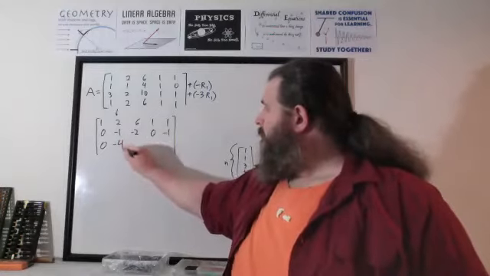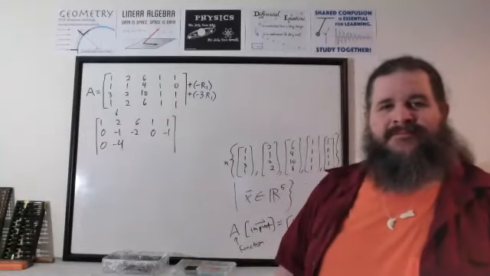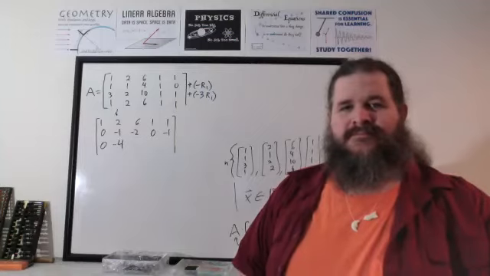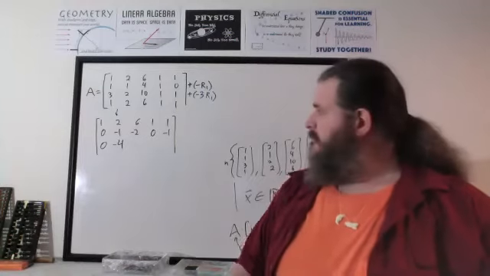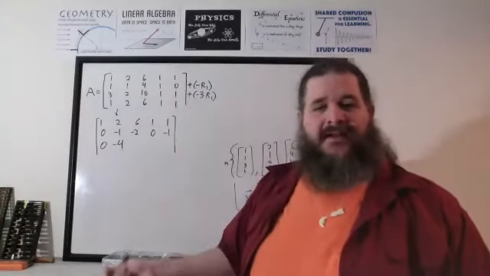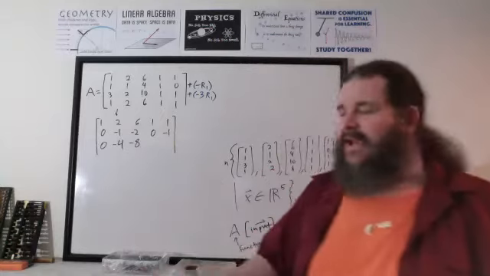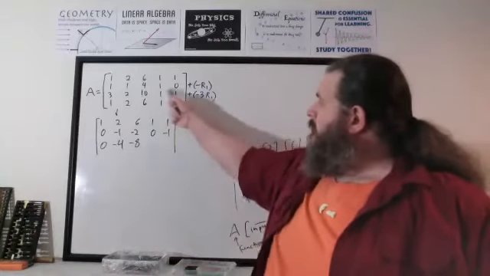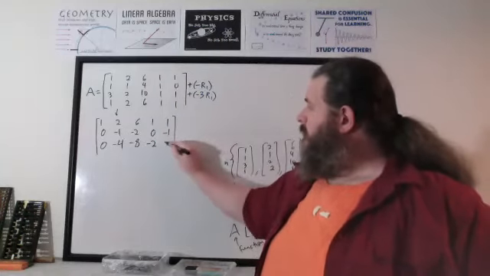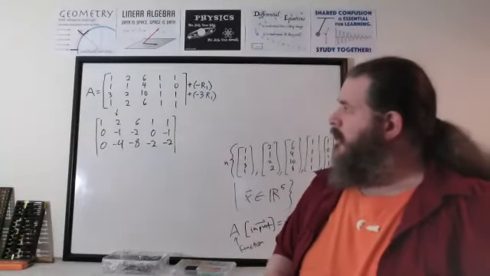And then 10 plus -3 times 6. Arithmetic, not too good. 10, -3 times 6 would be -18. So 10 minus 18 would be -8. Since the 10s cancel out, we still have a -8. And then 1 minus 3, 1 minus 3 again. So that's our new third row.